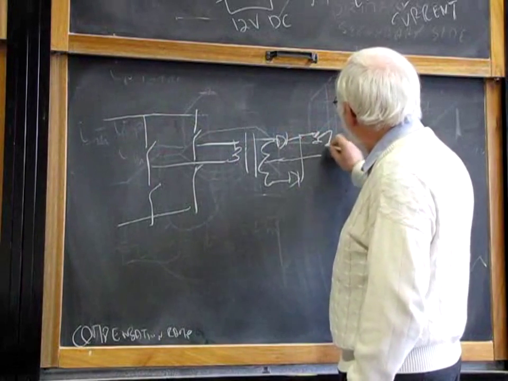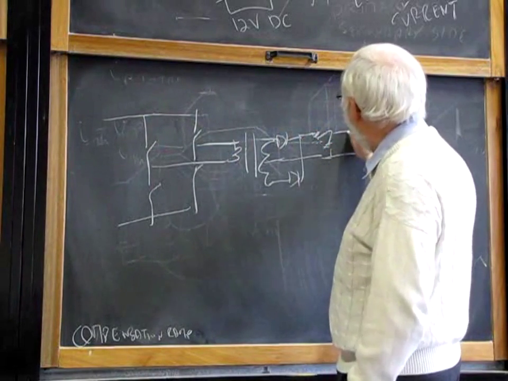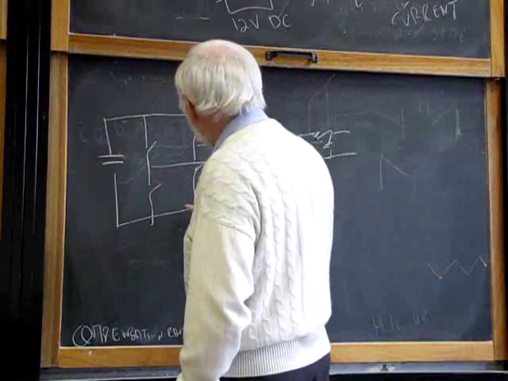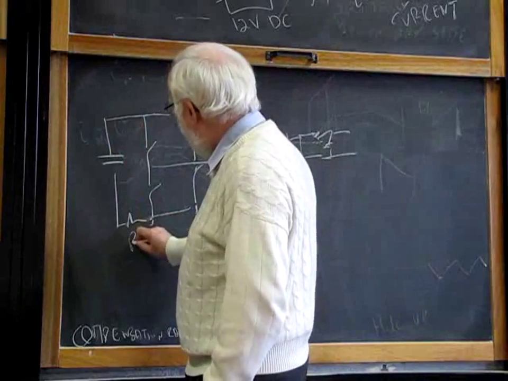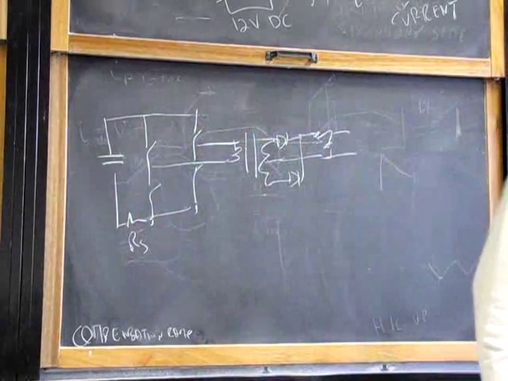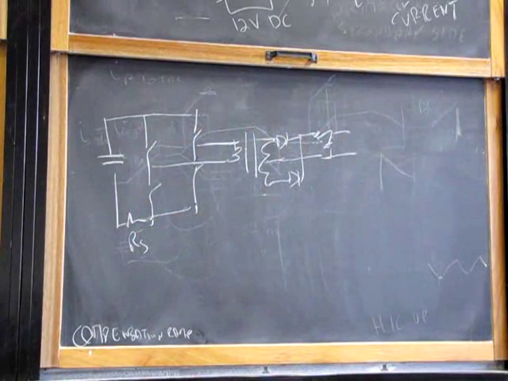Oops, inductor. Here we put our RS because I am going for full bridge current mode. Do we need a compensation ramp?